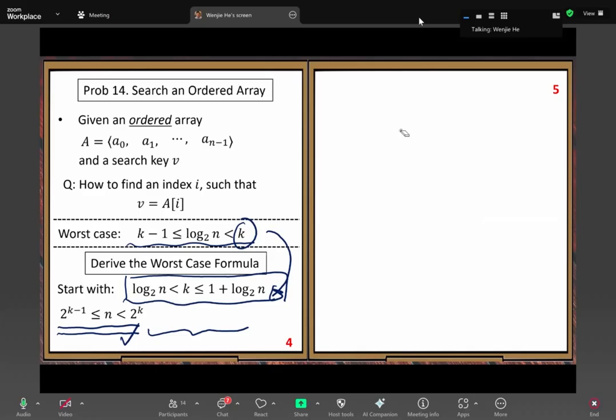So the closed form, because for the binary search, how many comparisons for the worst case? Based on your intuition, most people write this formula: log base 2 of n, right? But most of the time, this function does not return an integer number. So in order to get an integer number, people modify it slightly.